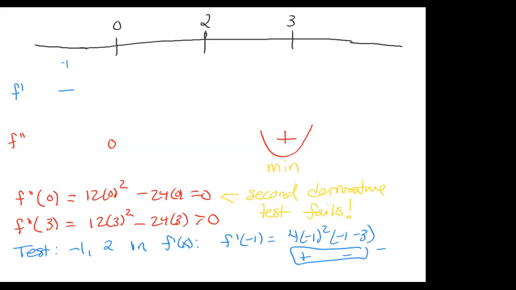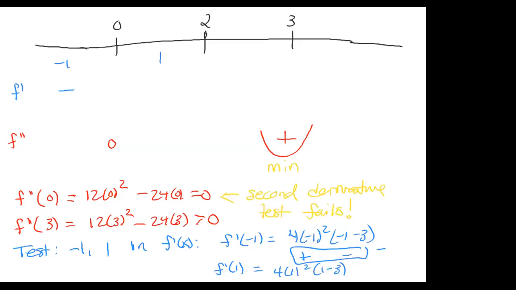So the first derivative is negative in this interval to the left of 0, because that's where -1 exists. Instead of 2, let's use 1 here. I believe that would be easier. F prime of 1 is equal to 4 times 1 squared times 1 minus 3.